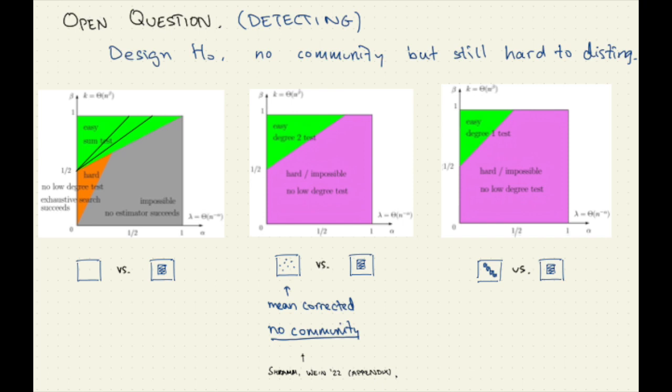So it'd be really nice to have some H0 which is not obviously community structures, right? Somehow we fooled things because we couldn't tell this apart from some other bunch of communities. But if you design some different H0, which doesn't look like a bunch of communities, and it was still just as hard to tell apart from this one planted community, I think that would be really nice.